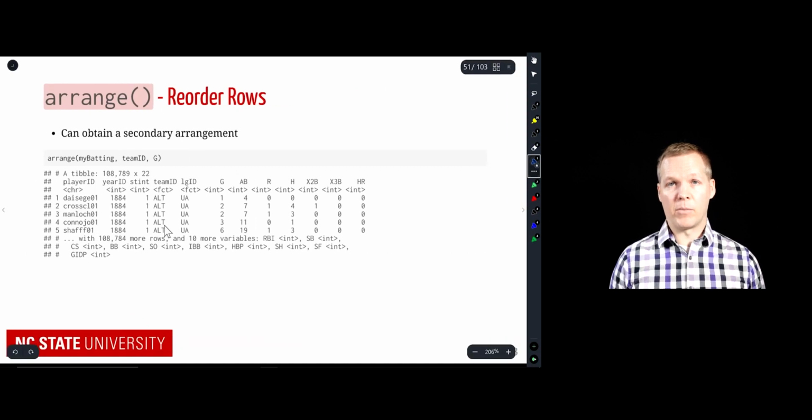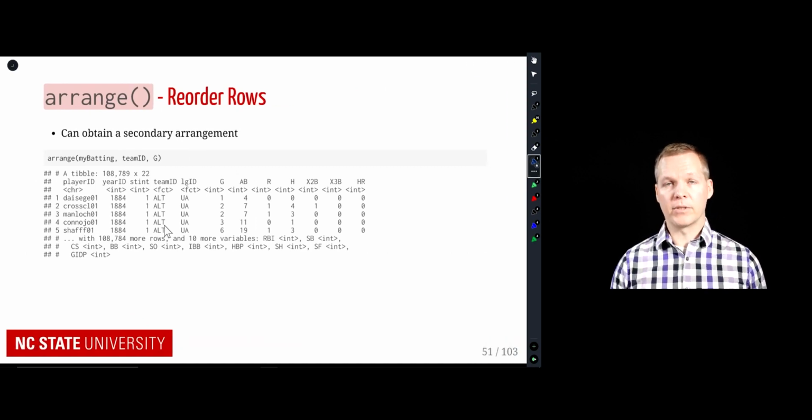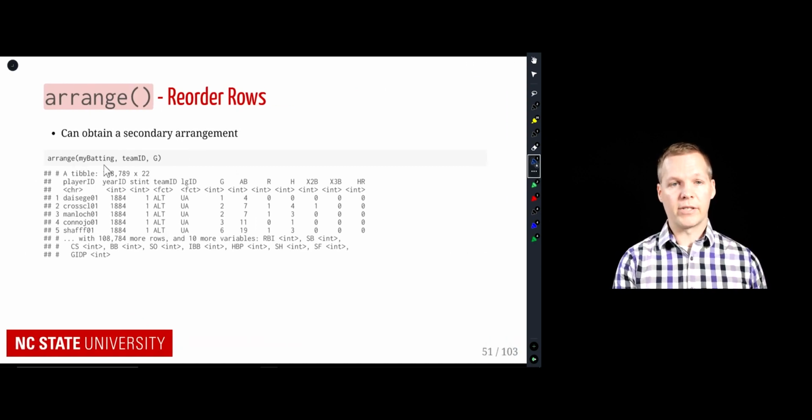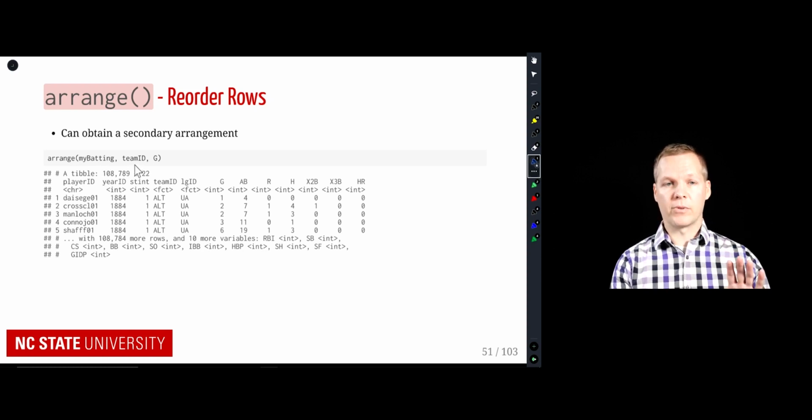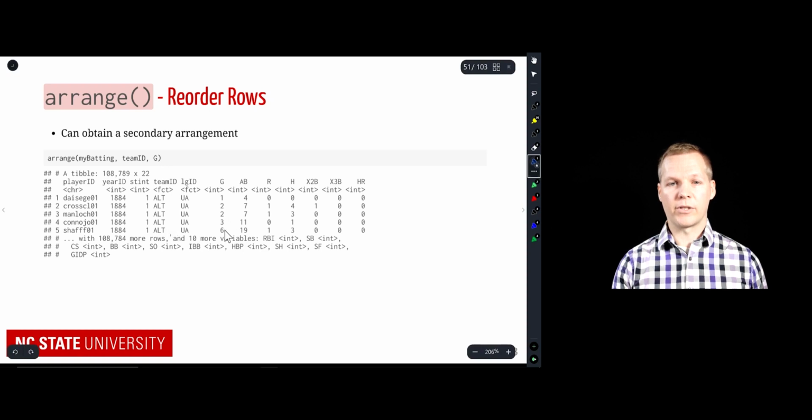You can, of course, specify multiple variables as well. So here I'm going to say arrange the myBatting tibble based off of the team ID. And then after team ID is sorted, within there, sort the games variable from smallest to largest. So we've sorted alphabetically by this variable, and then smallest to largest by this variable.